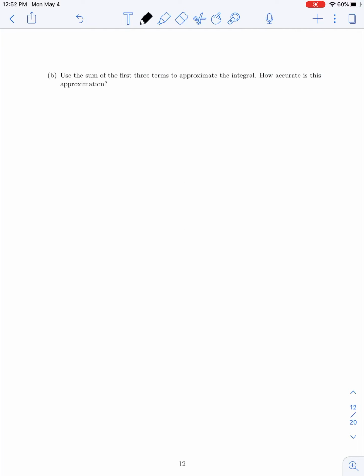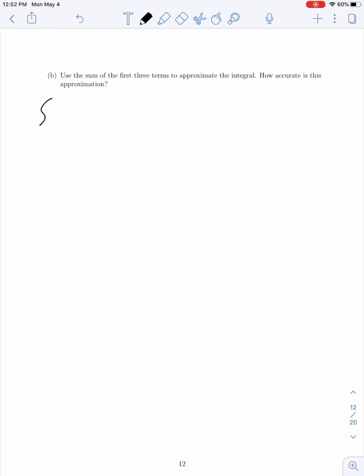So in part B of this example, we are told to use the sum of the first 3 terms to approximate the sum of the series, which is our integral, and then determine how accurate that approximation is.